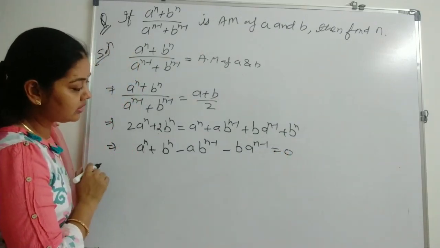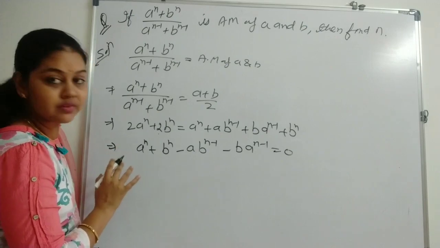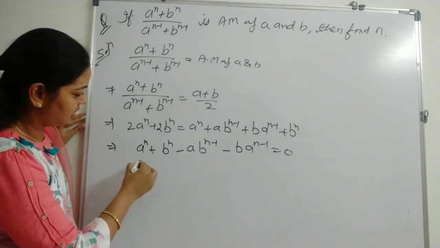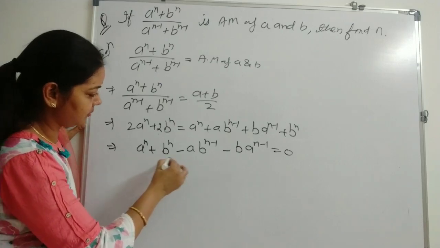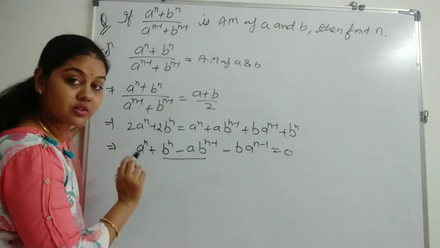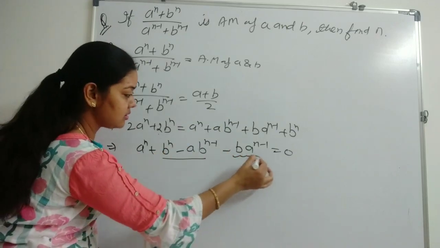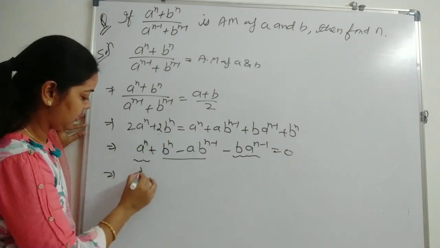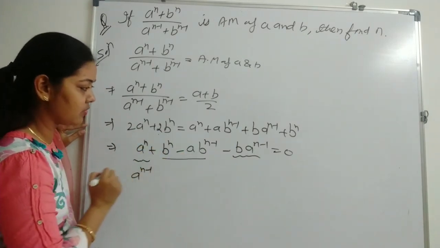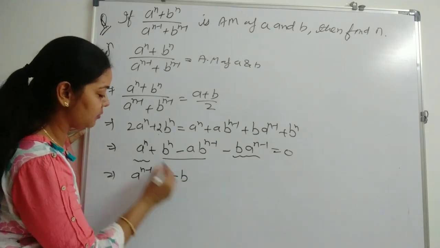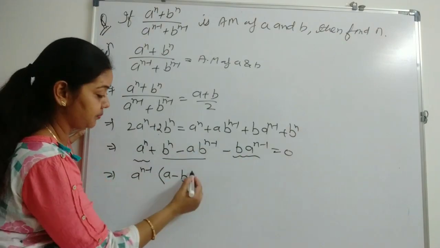Now look at here, which two terms can we take something common? In this pair, we can take common b^(n-1), and taking this pair together, taking a^(n-1) common, we are left with a minus b here.